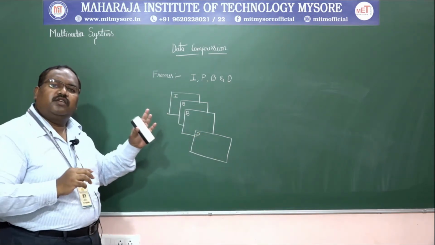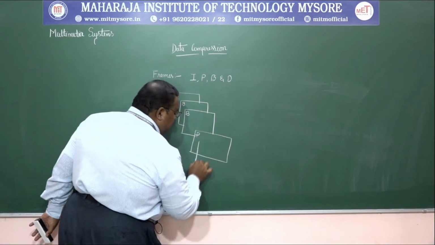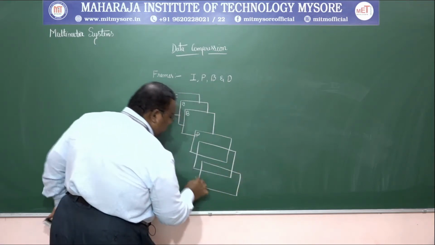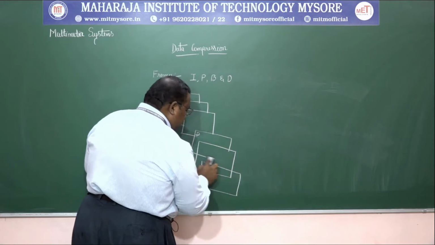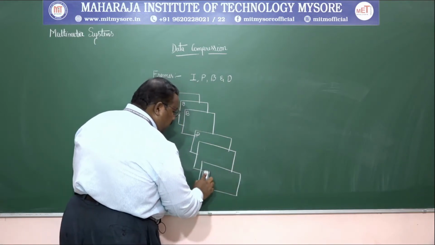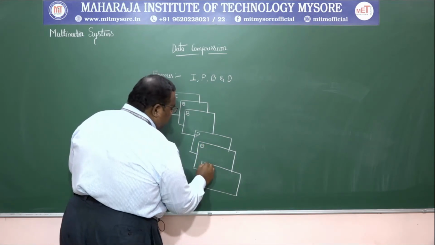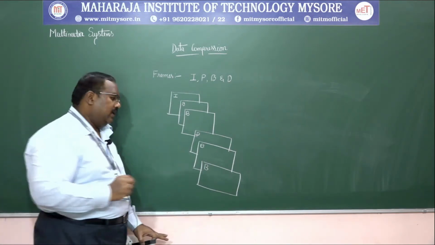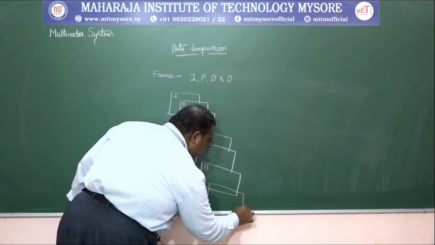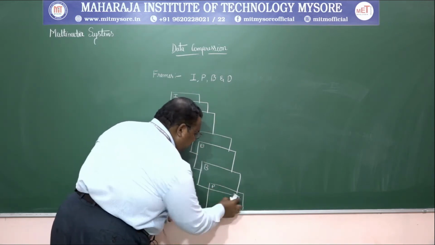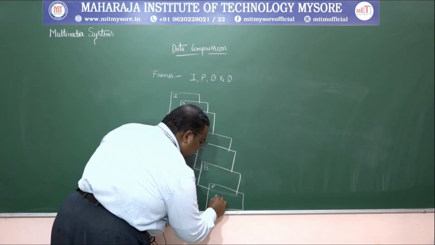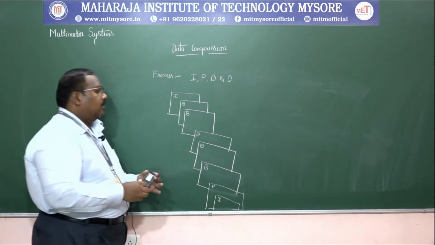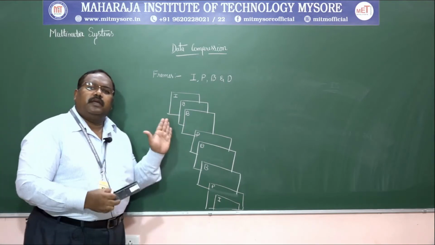After the P, again a sequence of two or more B frames will be there, B, B, and at the end there would be a P, and next an I. So we see a sequence of frames being represented.